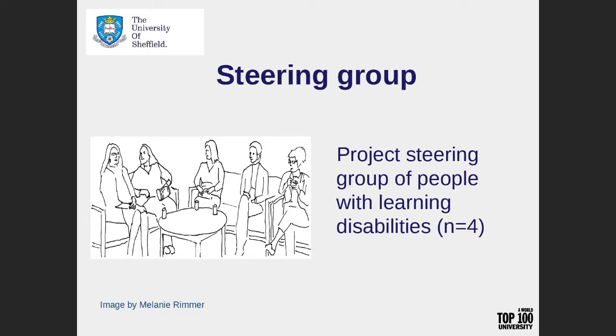And so we invited them to form a study steering group, which ended up being made up of 4 people with learning disabilities. To help them prepare for this, we took them to go and sit in on a Slimming World group to help them to see the programme in action and to learn more about what was going on, what it was like and how it worked.